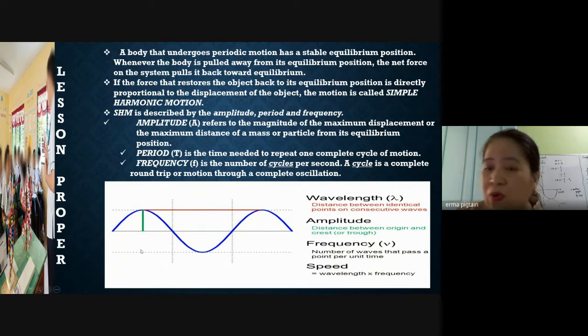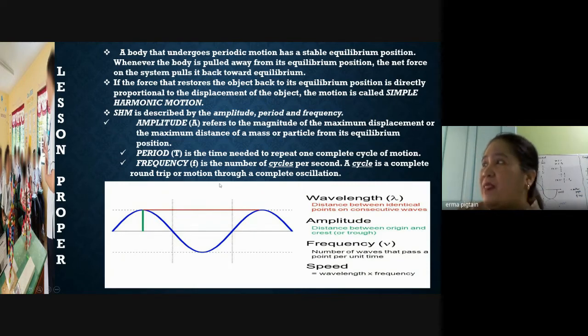Pero kung one complete cycle lang ang pinag-uusapan, mula dito sa point na to hanggang dito, babalik ka ulit sa principal axis para sa one complete cycle. Okay? So yung period natin, yun yung time needed to complete one cycle.